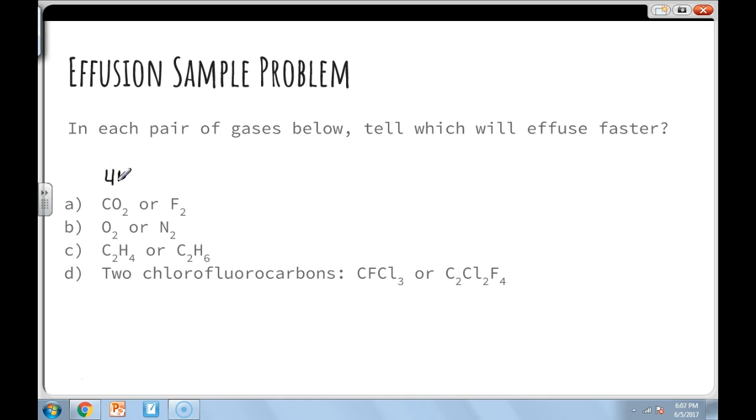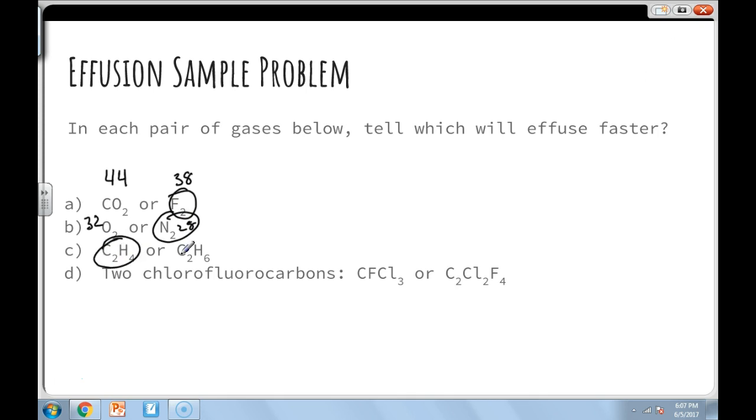Carbon dioxide is 44 and fluorine is 38. So guess what? Fluorine is going to effuse faster. This is 32. This is 28. So this one is going to effuse faster.